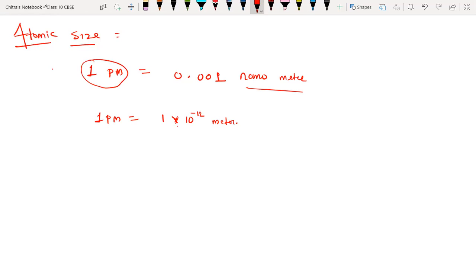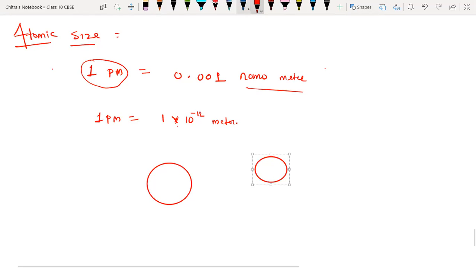So now I have one question for you all. Suppose I have drawn here two spherical objects. Here we have one spherical object, the red one, and here another object, the blue one. So how can you determine which spherical object is smaller and which is greater?